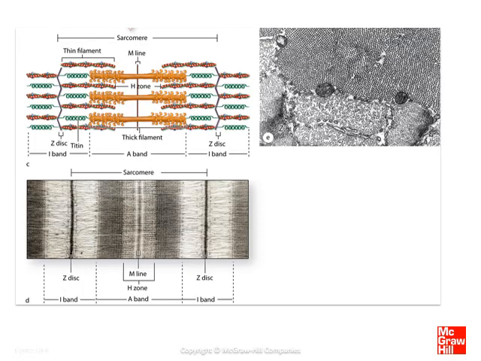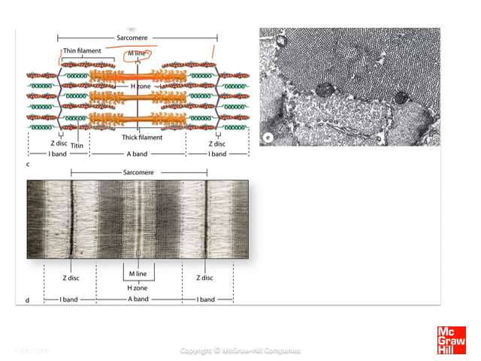So here's that image again. Now we can better look at it and be able to determine every little piece here. So we have our sarcomere. Remember, that's going to be from one Z disc to the next. Our M line is going to be supporting our myosin filaments.